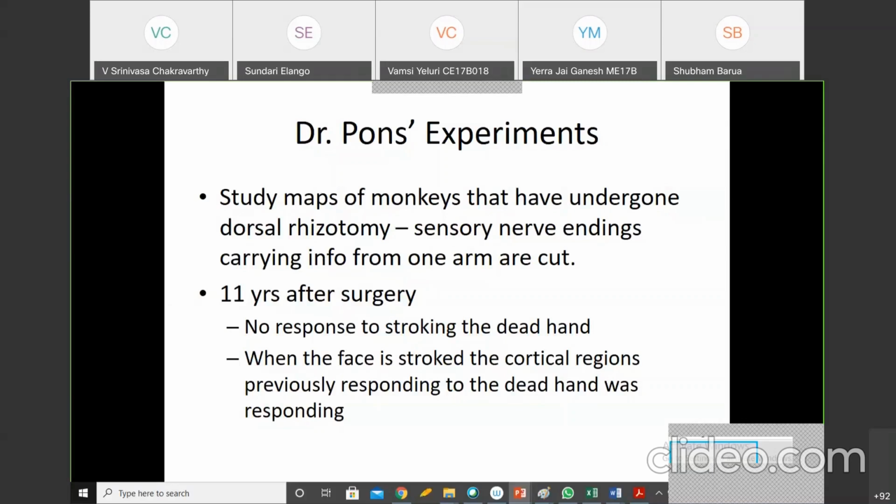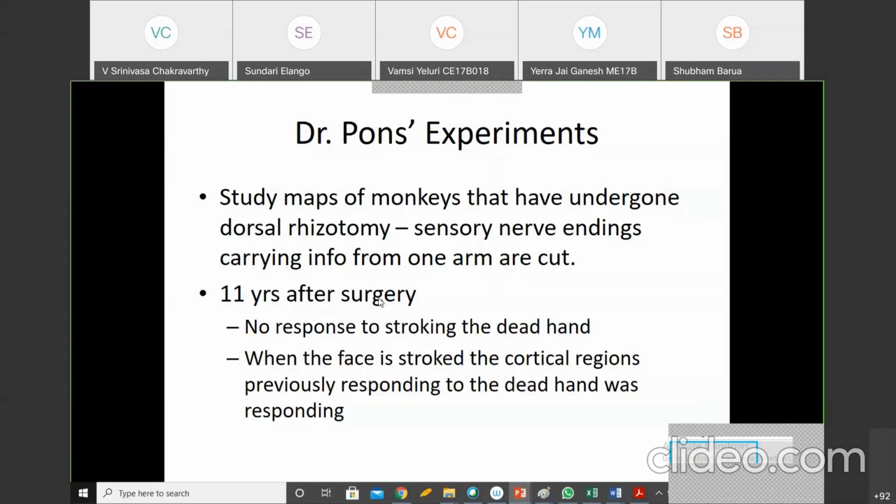In these experiments, they took monkeys and cut the sensory nerves going from the arm to the brain. These are dorsal nerves. The dorsal nerves carry sensory information from the body to the brain, and ventral nerves carry information from the brain to the body. So you have to be careful.